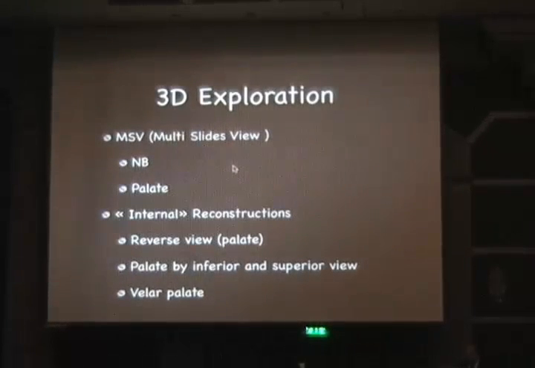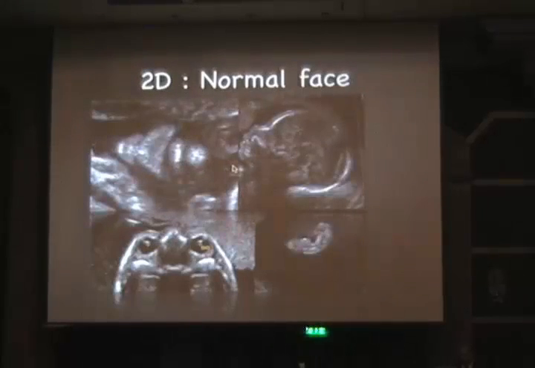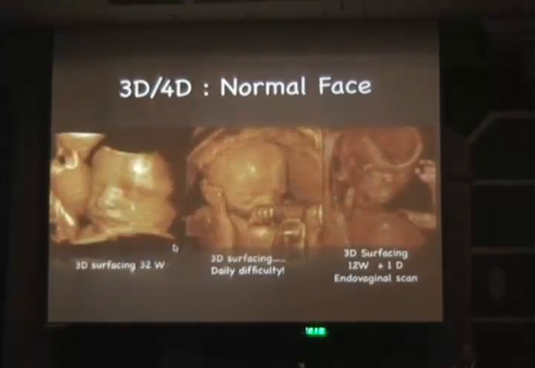We can also use the multi-slice view, especially when you suspect a problem with the nasal bone, absence of nasal bone. And you can do reconstruction, especially if you have to explore the palate, the velar palate or the posterior palate. This is usually what you have to show every time that you explore the face: the frontal plane, the sagittal plane, the parasagittal plane on the right and on the left, and the axial plane seeing the intra-orbital diameter.